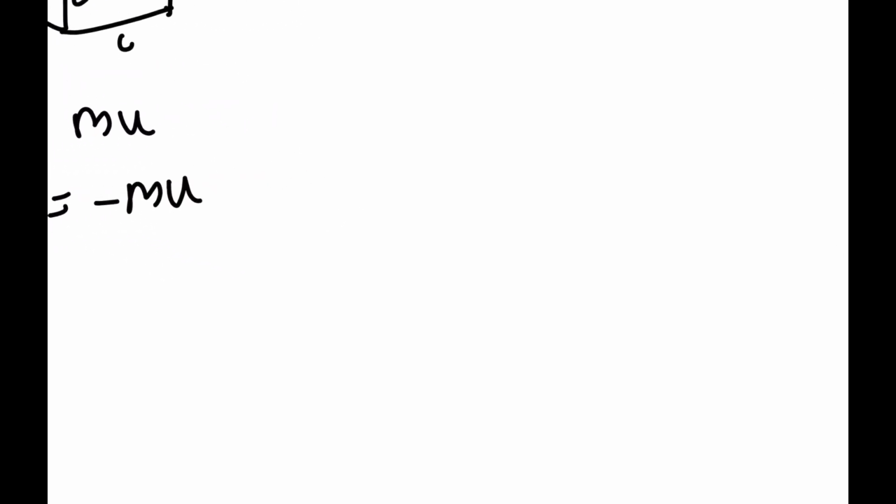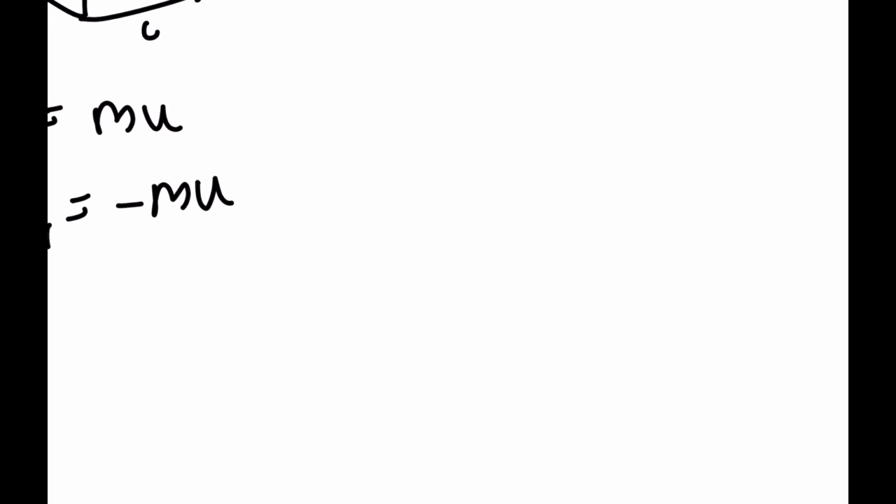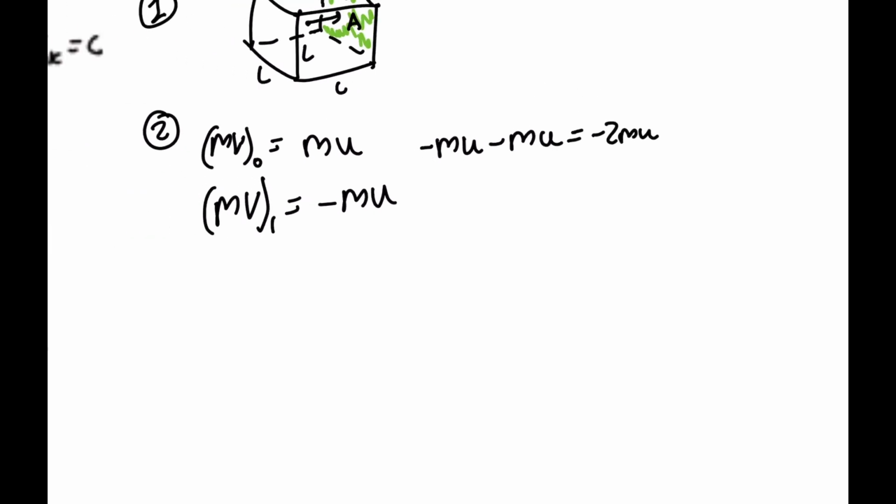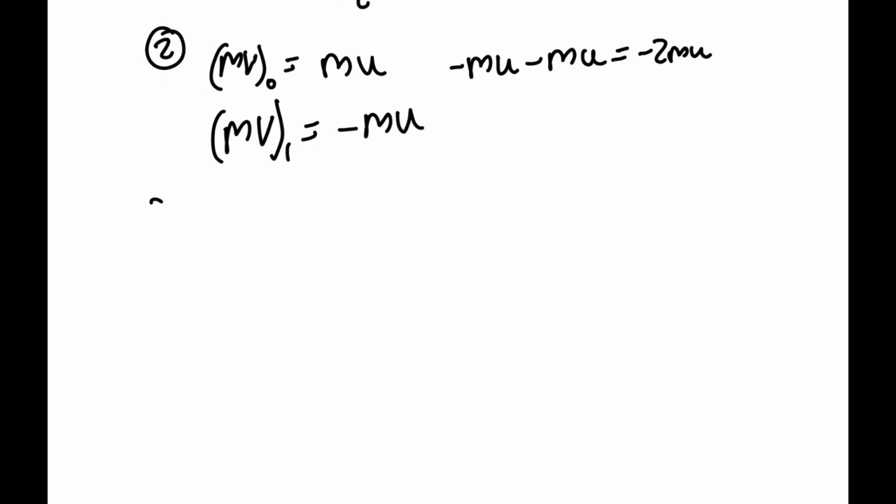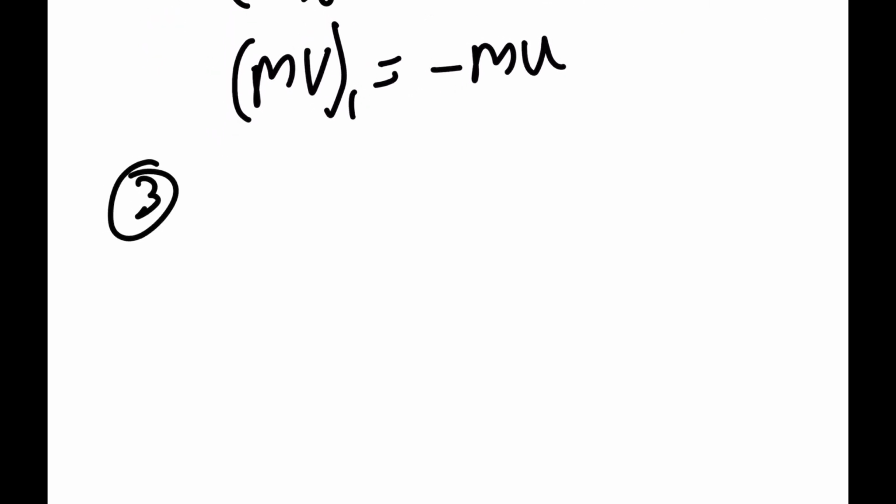So what is the change of momentum, or the impulse? We can say final momentum, minus mu, minus the initial momentum, which is mu, which is equal to minus 2mu. Cool.